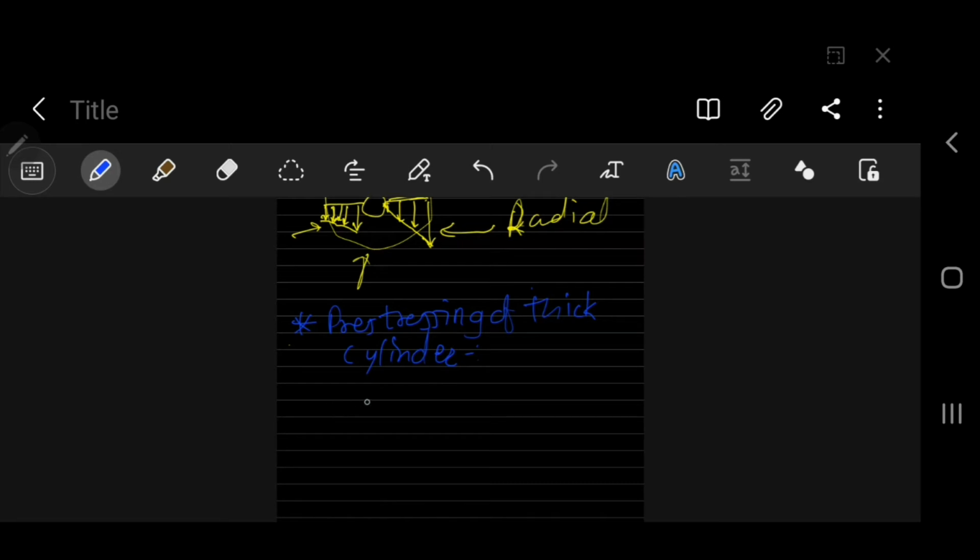Initially, suppose we have this cylinder and some gas is stored inside. Due to that gas, there will be pressure exerted on this cylinder. So initially there is some gas which will exert Pi pressure. Due to that pressure, the hoop stress or circumferential stress will have maximum magnitude at inner radius and minimum magnitude at outermost radius, as we have seen here.